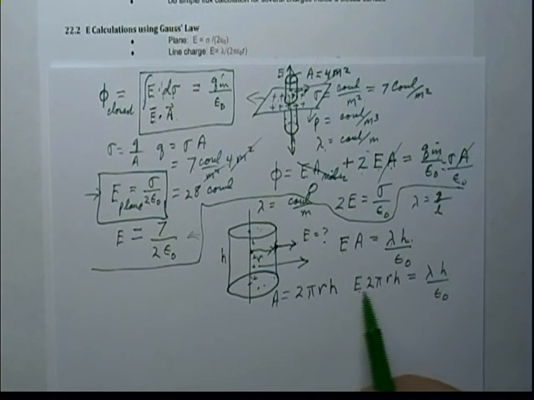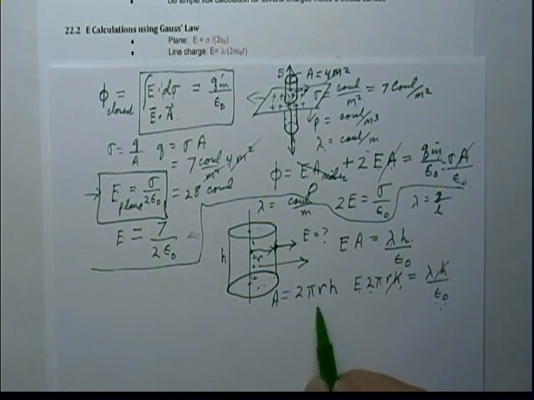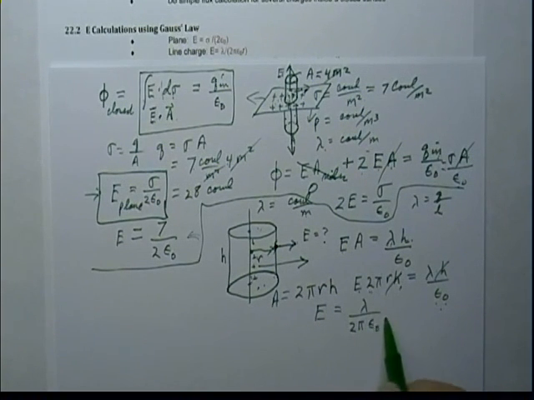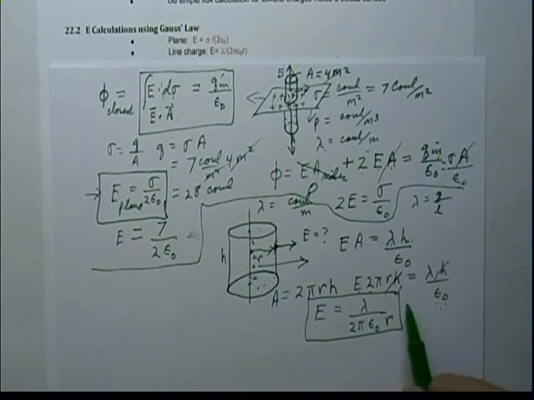That's Q over epsilon naught. Now h cancels, and I can compute E, and what I get is E is going to be equal to lambda over 2 pi epsilon naught times r. This is an important equation, and you must learn this equation as well as this other equation here for your tests.